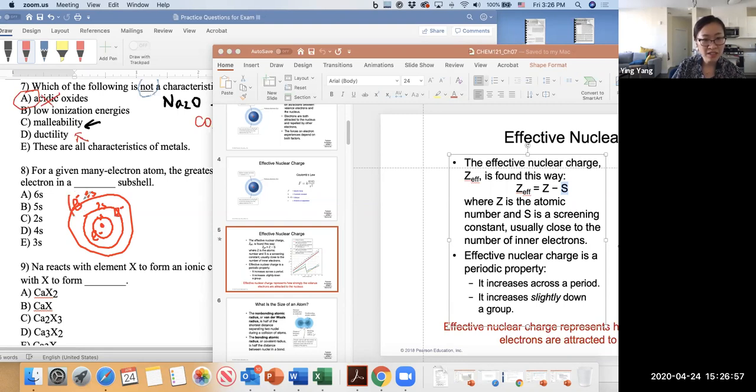The effective attractive force this electron feels from the nucleus will be shielded by the electrons in the inner shells because of the repulsive forces between them, which cancel out, right?